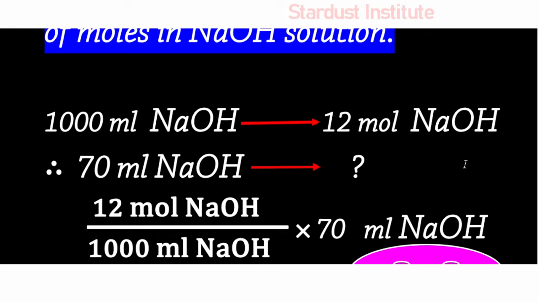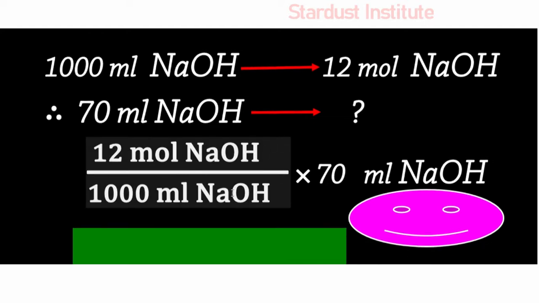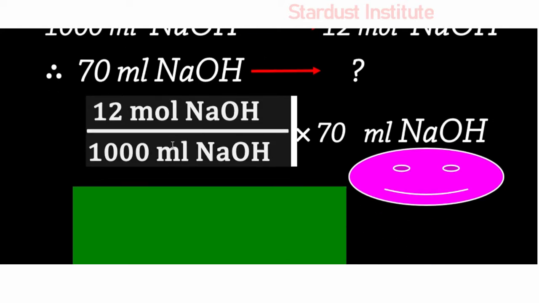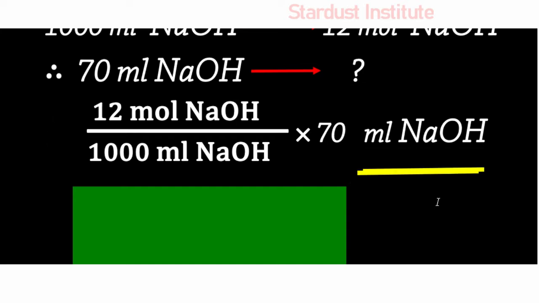We can find the answer in this way. 12 mole NaOH divided by 1000 milliliter NaOH multiplied by 70 milliliter NaOH. Units should be cancelled out.